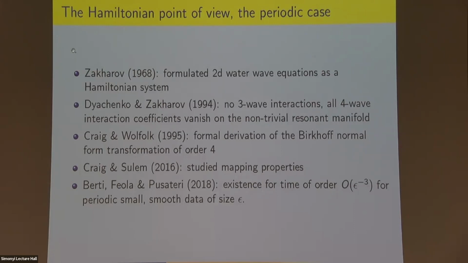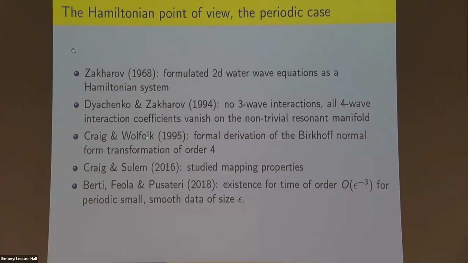But these calculations are formal. In order to use this formal calculation to say that for data of size epsilon you can have existence of solution for time epsilon to the -3, you have to do some mapping properties like boundedness, and directly you cannot do that.